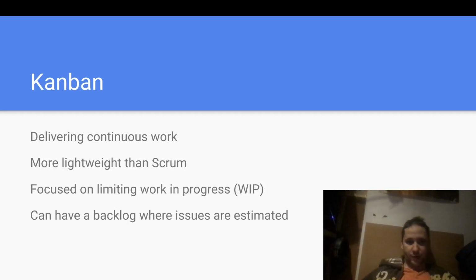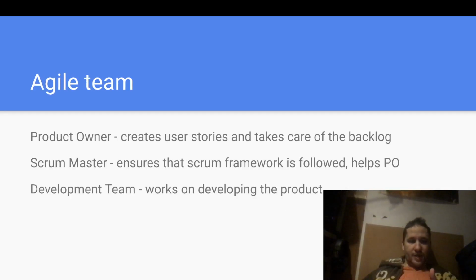So the Agile team, actually the Scrum team itself, consists of the product owner, the Scrum Master, and the development team. The product owner is focused on writing down the user stories and also the backlog. They take care of the backlog and make sure the backlog is groomed properly.